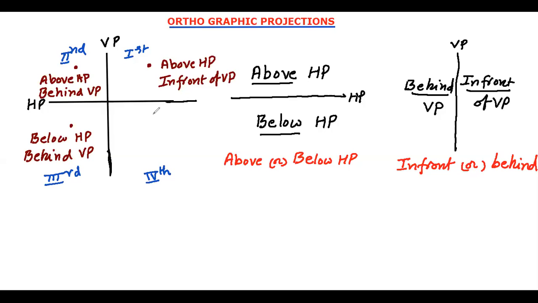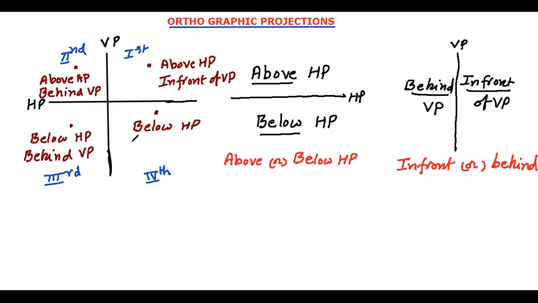Okay, dosto. Now coming to the last case. See, whenever a point lies somewhere here, it is below HP. And with respect to VP, dosto, it is on this side. So when it lies on this side, what do you call that?